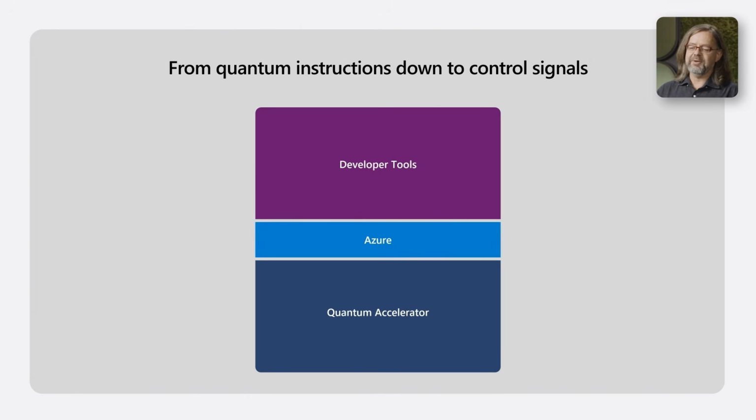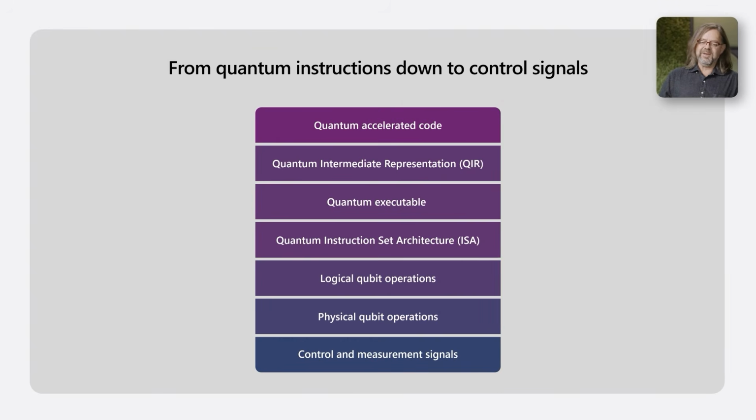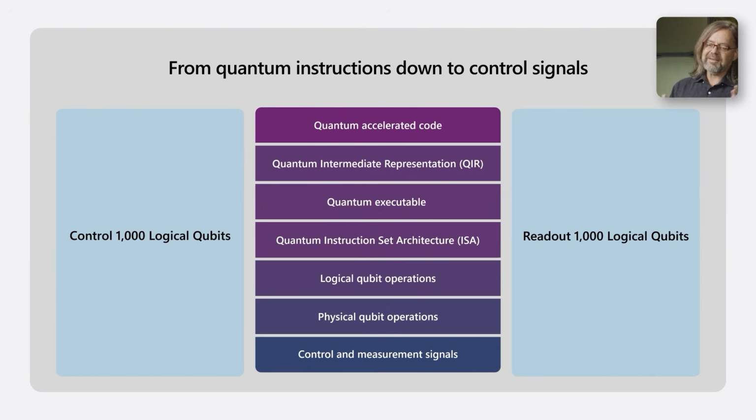And I want to talk about trade-offs and choices we have to make to reach utility scale. And for that I have to make assumptions. The assumption is I'll choose a machine with 1,000 logical qubits. It starts being interesting at a few hundred, and we want to aim for ones with 10,000 or more logical qubits.